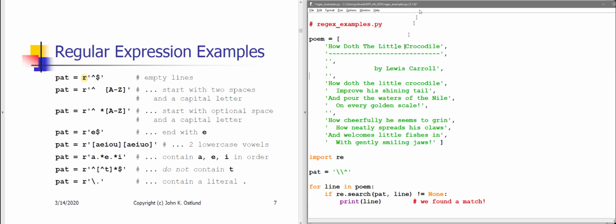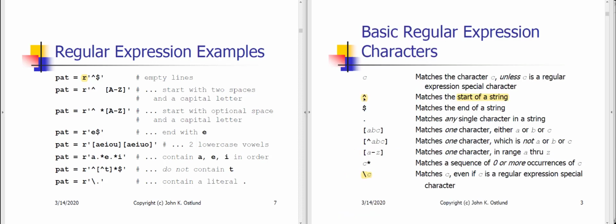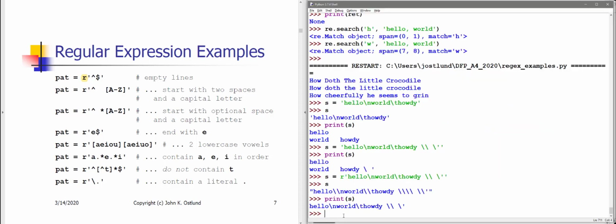So we've looked at the caret, and we've looked at using the backslash to turn off the special meaning of the next character. So we could say backslash caret if we wanted to search a line to see if it contains a caret. By the way, I'm saying caret here, C-A-R-E-T, not the vegetable.